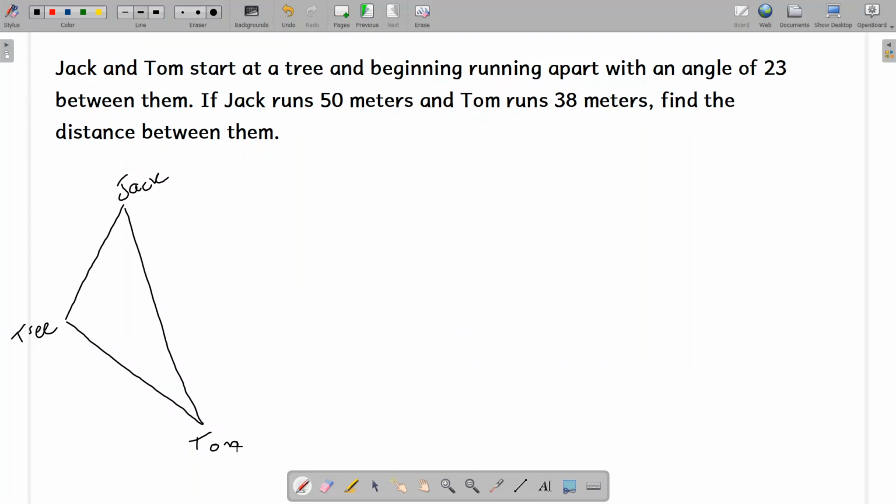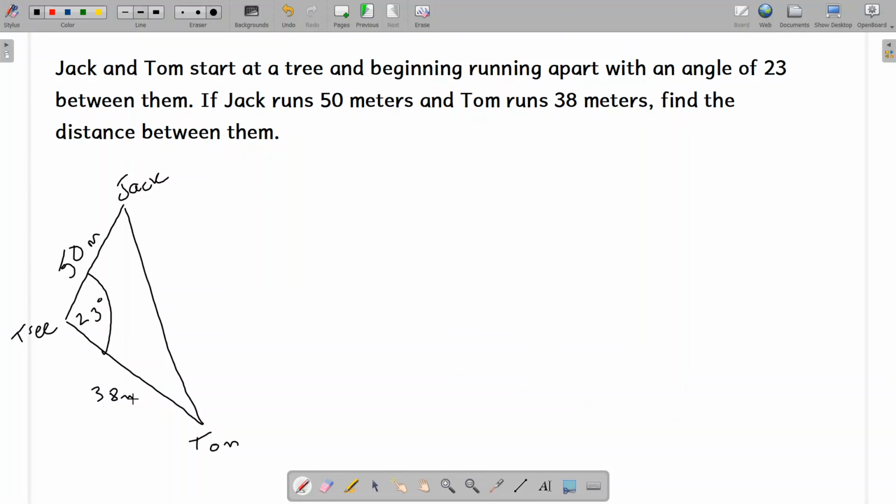Well, we know that they began running apart from that tree with an angle of 23 degrees between them. So that would make this angle 23 degrees. We know that Jack ran 50 meters from the tree, which would make this 50 meters over here. And we know that Tom ran 38 meters, which would make this side 38.